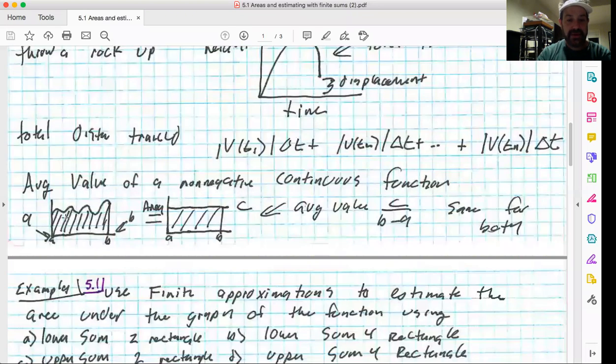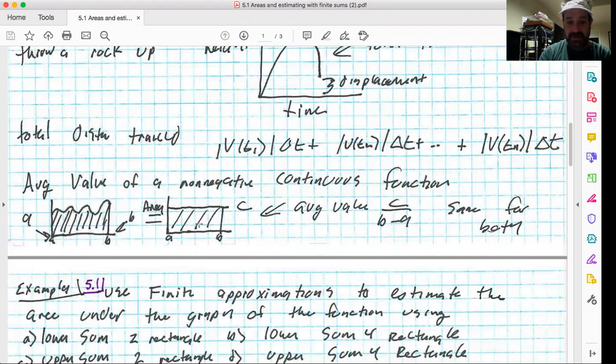Now the average value of a non-negative continuous function is going to be this. Don't sweat this one too much. All we're saying is if this is a continuous function, which means I can trace it without taking my pencil off the paper, and it's non-negative, so you notice this is above the x-axis the whole time, the amount of area down here we can find is the amount of area down here.